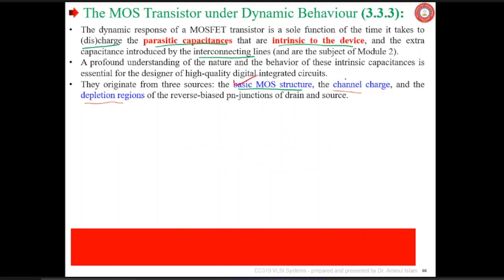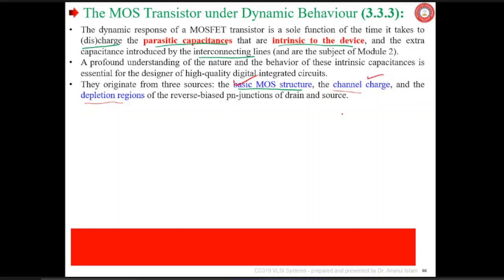So that is the basic MOS structure, and then channel charge. This we have not said. When the MOSFET is off, immediately the gate voltage is 0, and before being off, the channel was full of charge. Where that charge goes also offers some capacitance that we have ignored earlier.